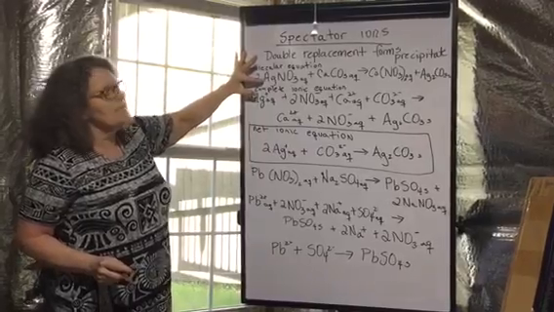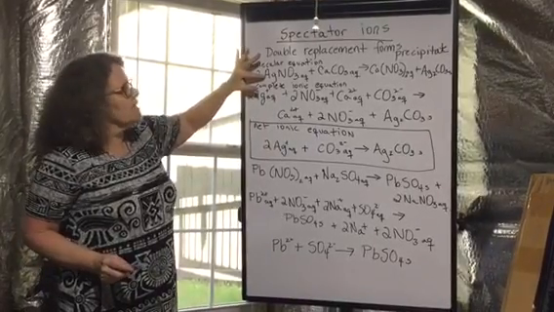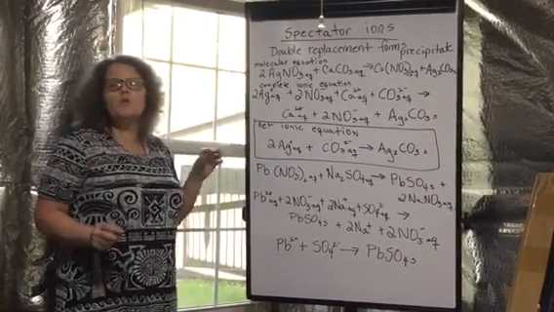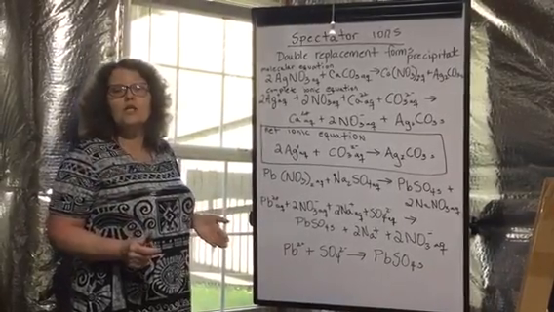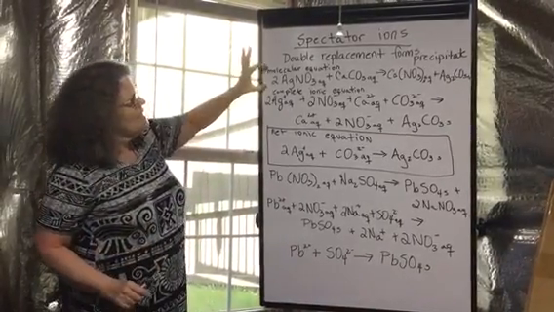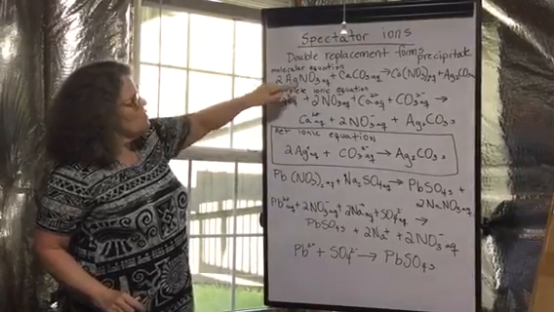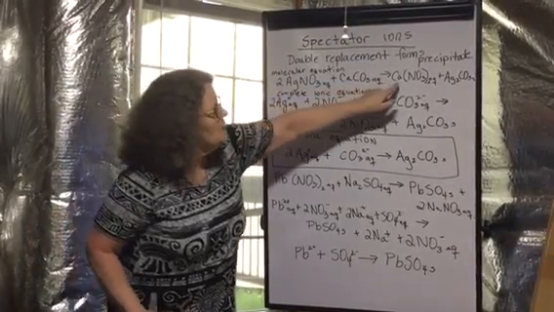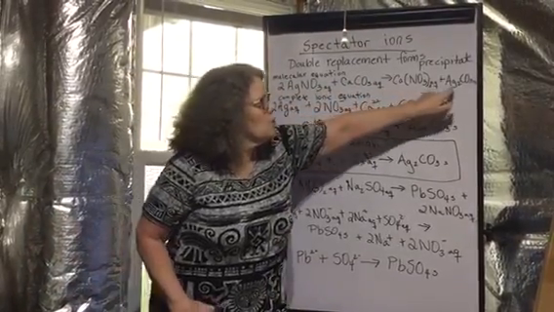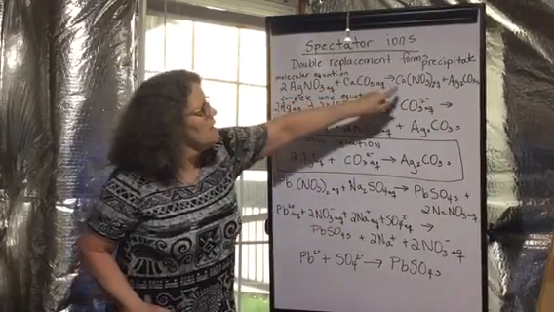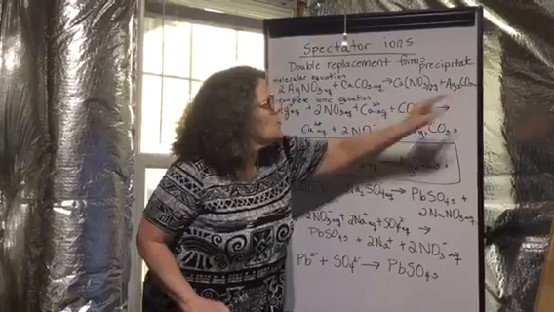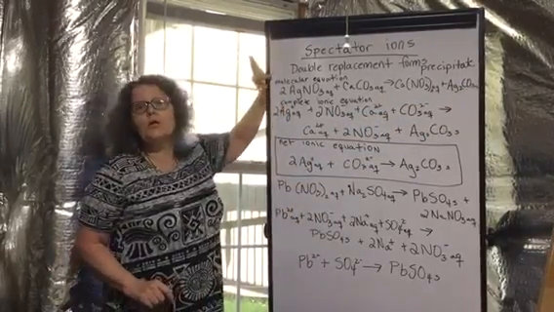These dissociate. That means they break into ions if they have aq. aq means it's dissolved or dissociated in water. That's what aq, aqueous, means. So this expression here, silver nitrate with calcium carbonate, yielding calcium nitrate and silver carbonate, is called the molecular equation.